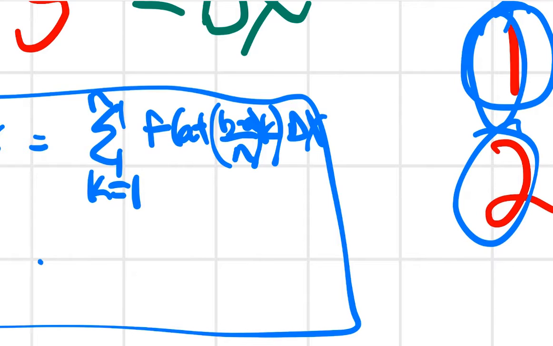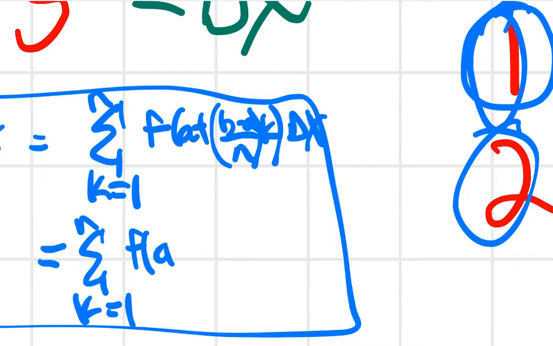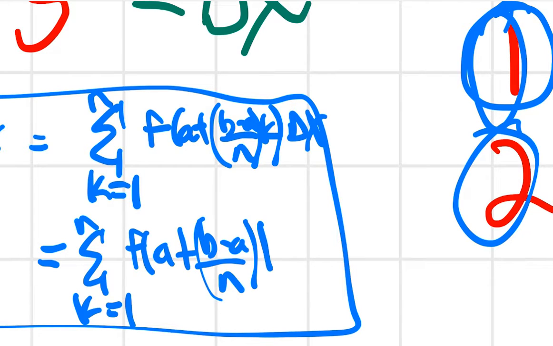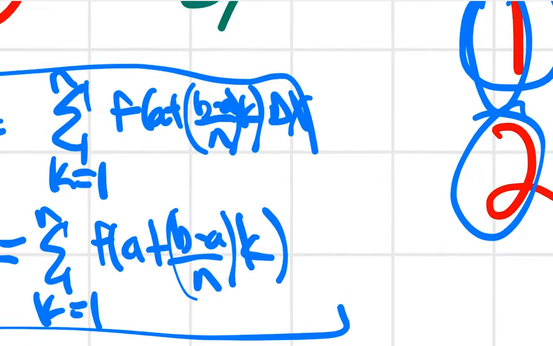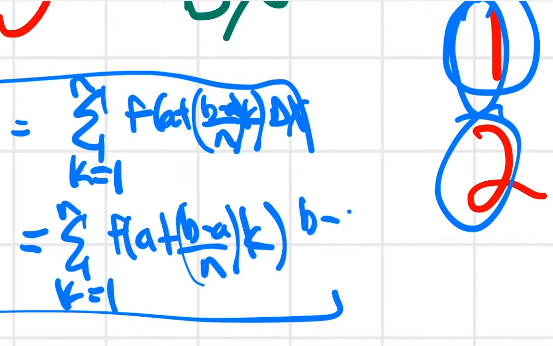Which is going to be from k equals 1 to n rectangles, because I can have different numbers of rectangles, f at a plus b minus a over n times k, and let me just erase the end of this because we're going to overlap that, multiplied by delta x, and delta x is b minus a over n.